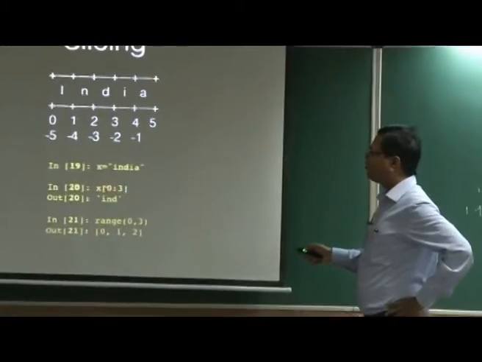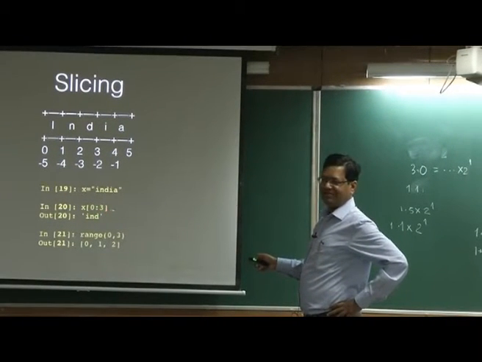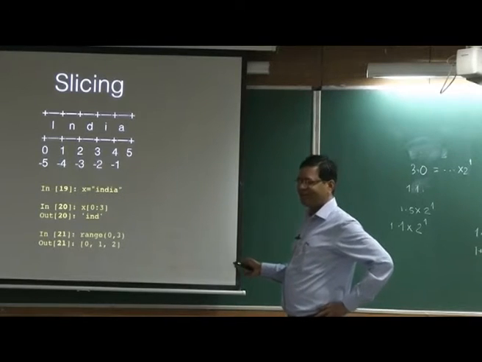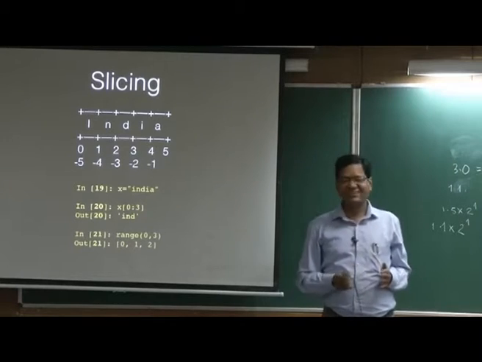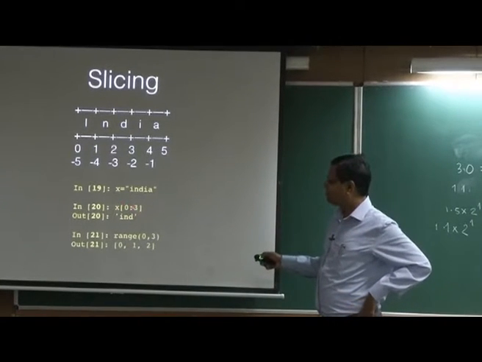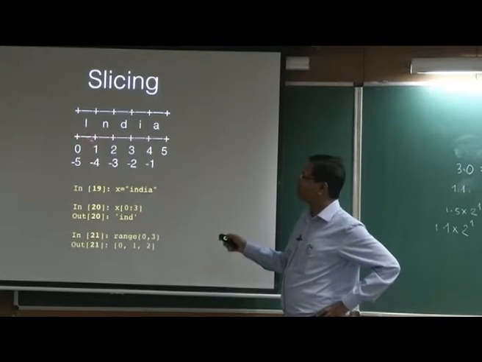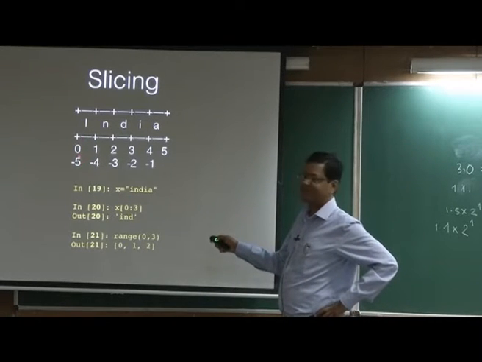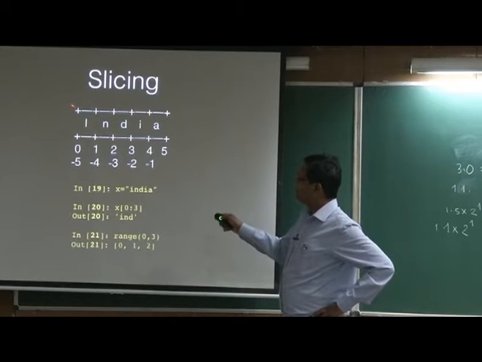So if I say 0 colon 3, what should I expect? So you should expect 0 to 3 or 0 to 2, and the way to understand this is the range operation. The range operation is not starting from the middle, range operation is starting from the wall. So India is stored in these boxes and there is a wall of the box.